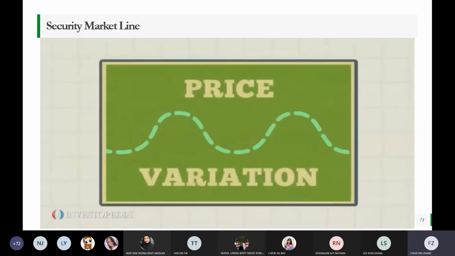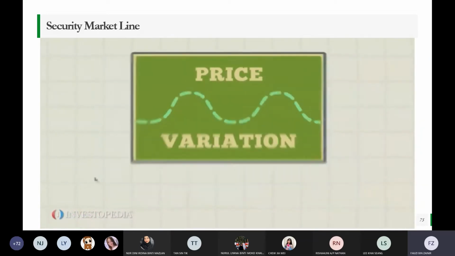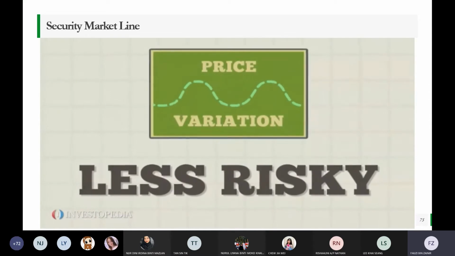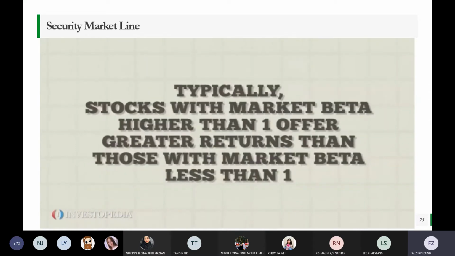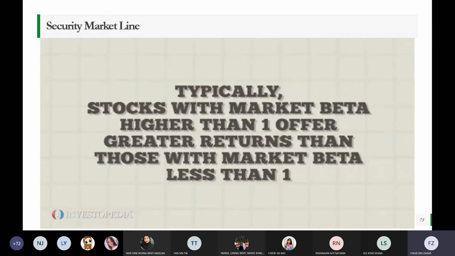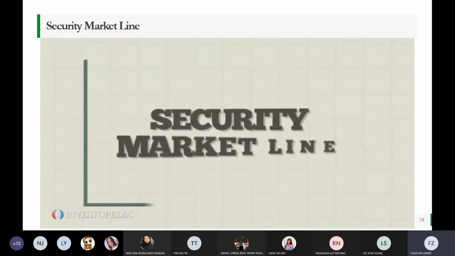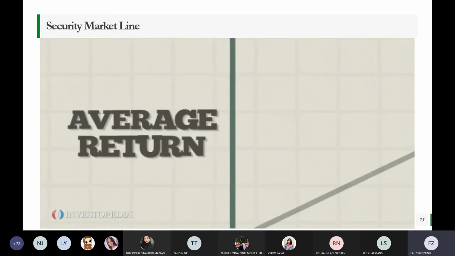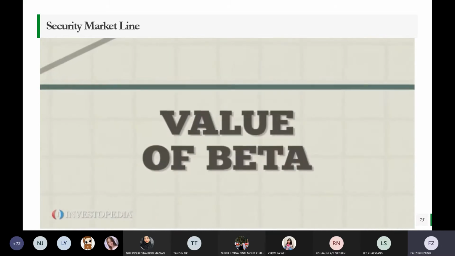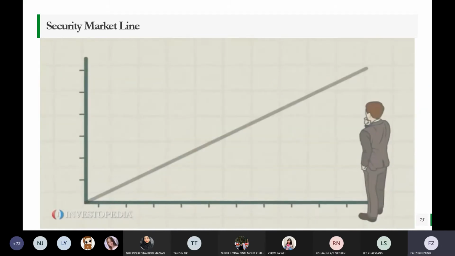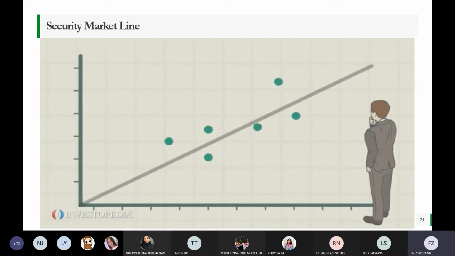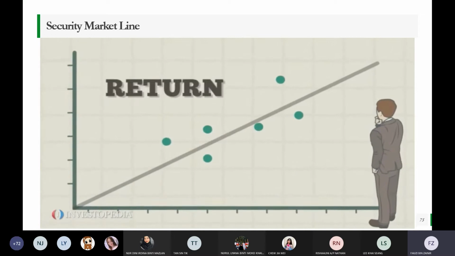Stocks with less price variation than the rest of the market are less risky, shown by a beta lower than 1. Typically, stocks with market beta higher than 1 offer greater returns than those with market beta less than 1. A security market line plots the average return for stocks that have a given value of beta, helping an investor determine whether an asset offers a reasonable expected return for its risk.